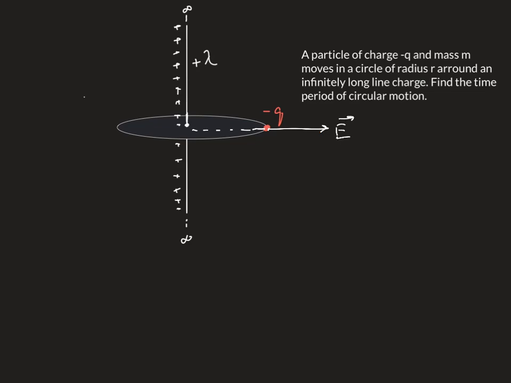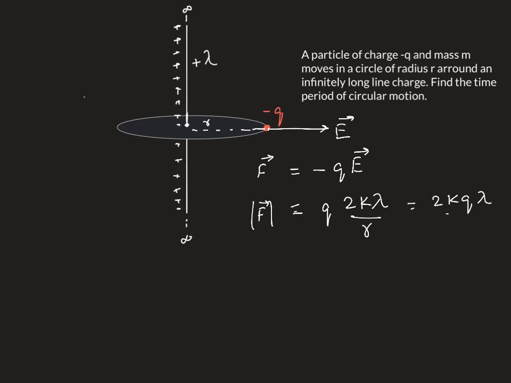and since the charge is negative, the force will be opposite to the field, minus q into E. We are just writing the magnitude of the force, q into 2k lambda by r, where r is the radius of the circle, or 2k q lambda by r.